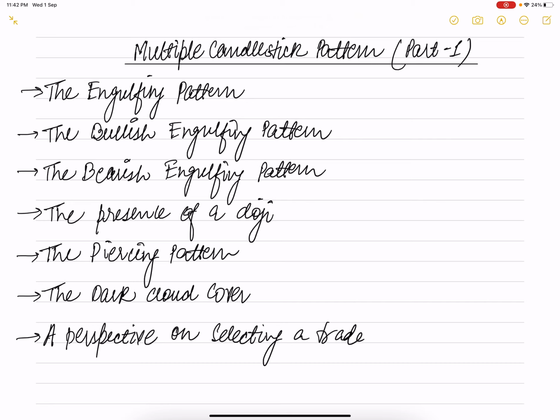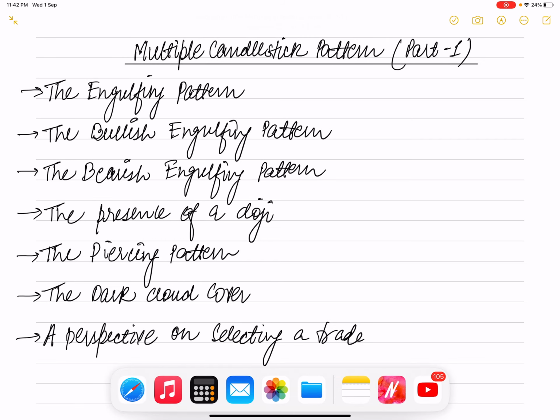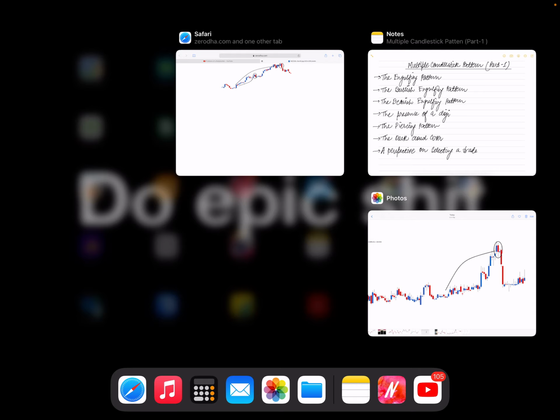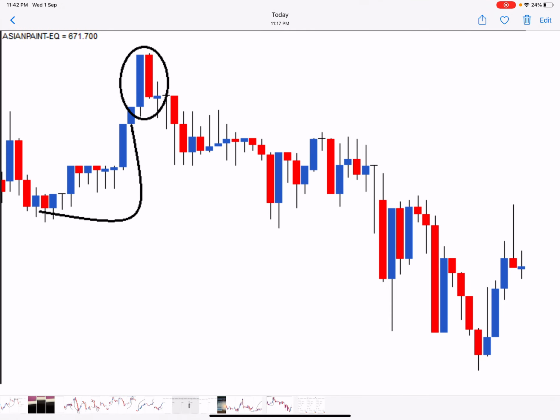Now coming to the piercing pattern. The piercing pattern is very similar to the bullish engulfing pattern, with a major variation.